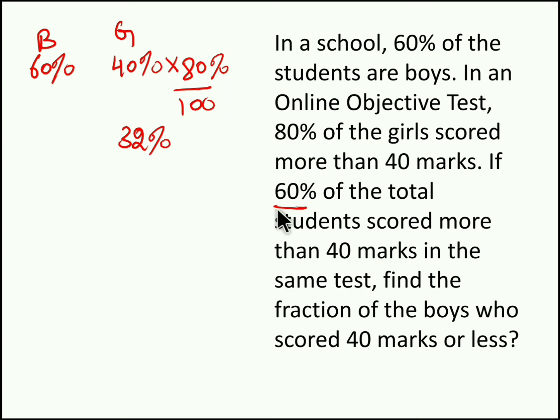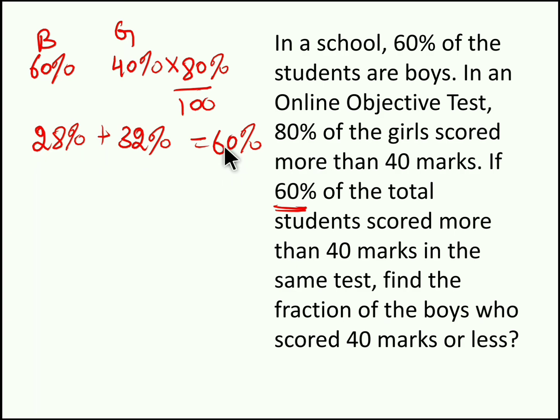If 60% of the total students scored more than 40 marks, so out of 60 plus 40, 100% of students, 60% scored more than 40 marks. Out of 60%, if the girls count is 32%, boys will be 60 minus 32, 28%. So 28% is the total count of boys who scored more than 40 marks.